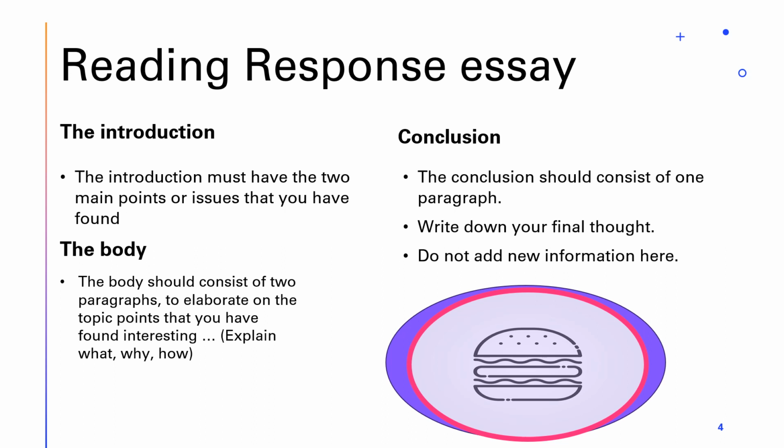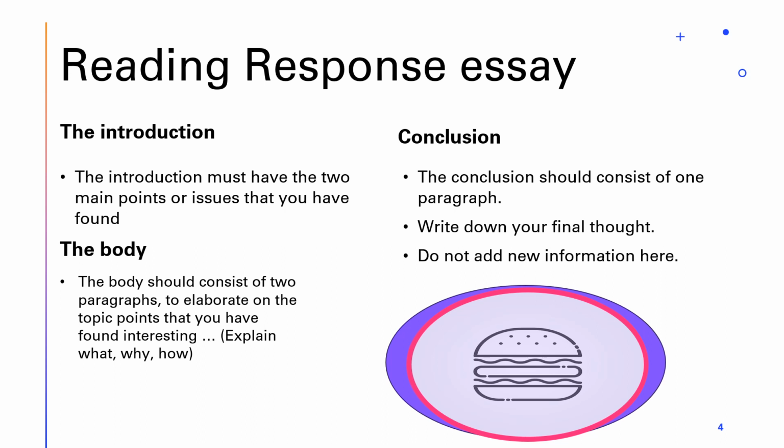And then the body is where you are sharing why you found that interesting, or why you have an issue with it. For this specific essay, you're only going to have 2 paragraphs, right? The first paragraph is going to be your first point that you want to comment on.